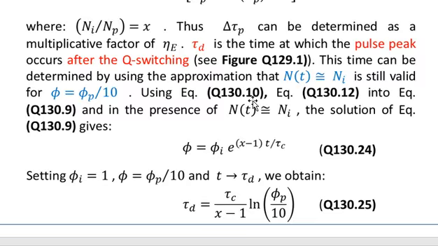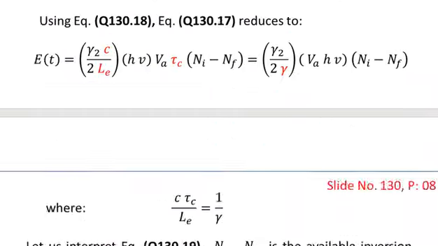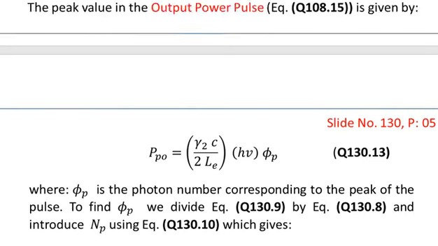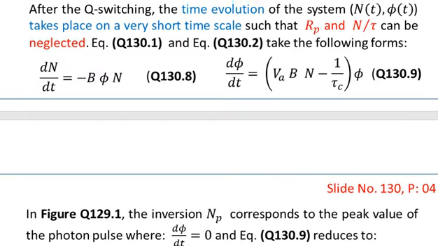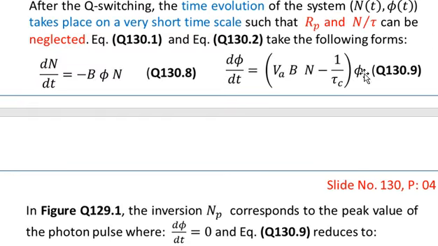So let me show you equation number 10, equation number 12 and equation number 9. So you can see that this is equation number 9 which we are going to solve. And here n is present. We are replacing this n of t by the value Ni.